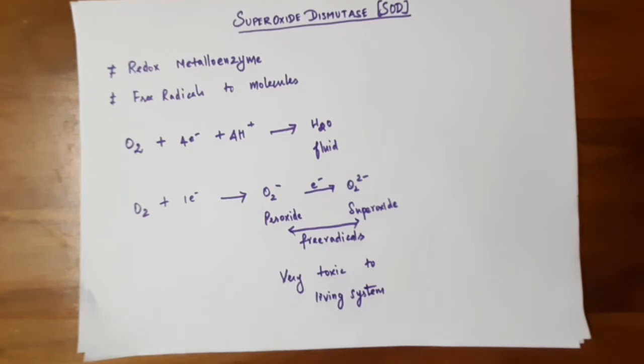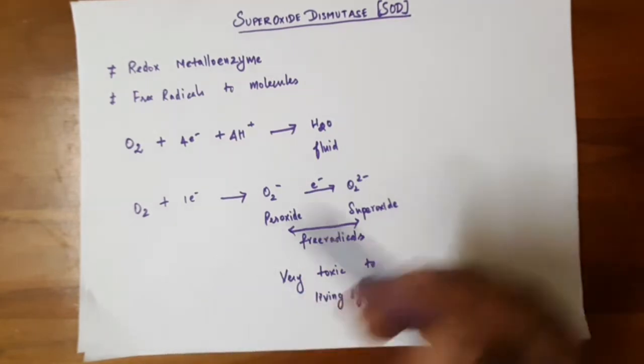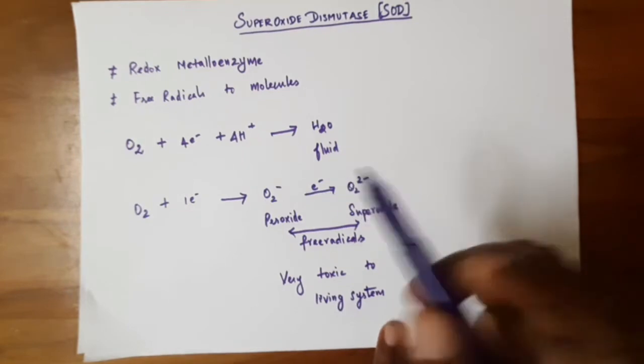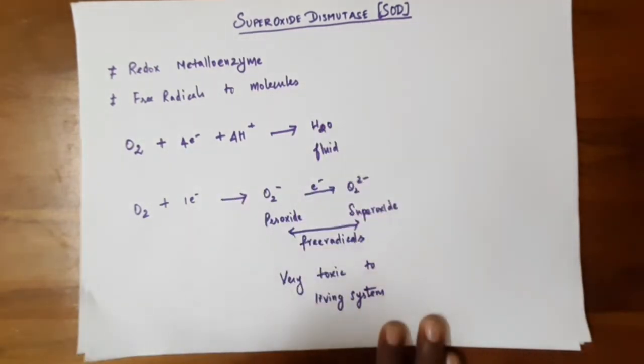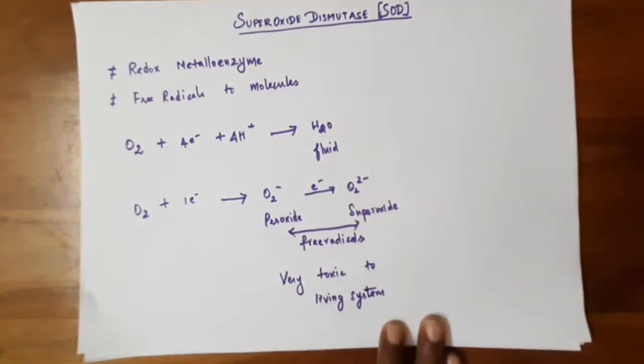There are certain biological enzymes which convert these free radicals to molecular oxygen. So peroxide and superoxide are converted to molecular oxygen by some bioenzymes. Those bioenzymes are redox metalloenzymes, with the help of superoxide dismutase, which converts these free radicals to molecular oxygen.